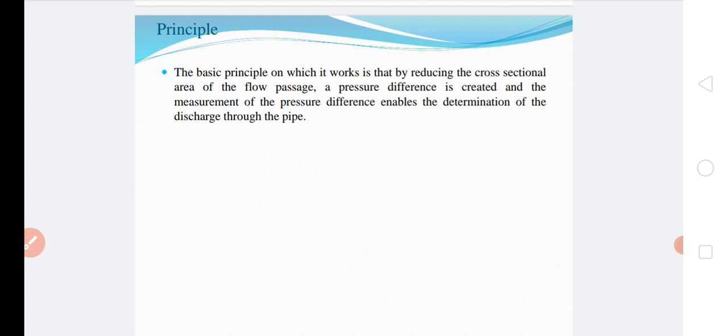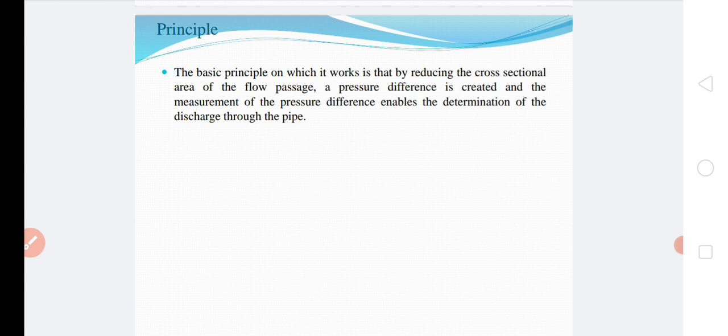Basically, the principle on which it works is that by reducing the cross-sectional area of the flow passage, a pressure difference is created, and the measurement of the pressure difference enables the determination of the discharge through a pipe. This is the basic principle of the venturimeter. It consists of a convergent cone, throat and divergent cone.